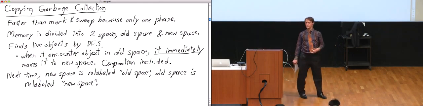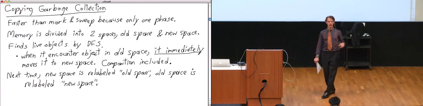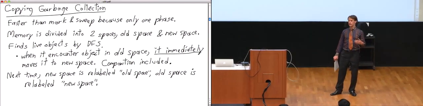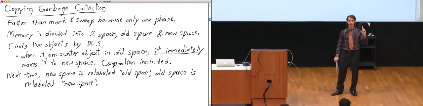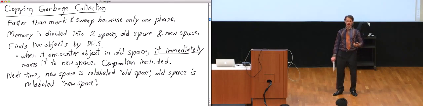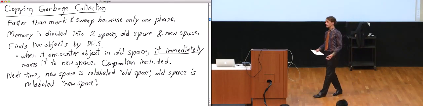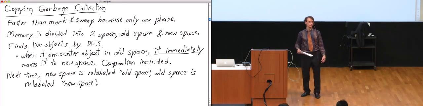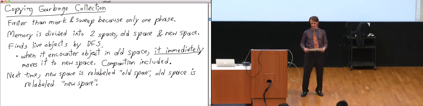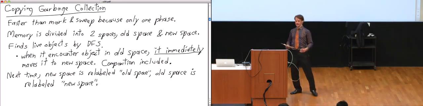While your program is actually running, meaning between garbage collections, all of the objects are in one of the two spaces, which means the other space lies empty, it's kind of being wasted. So there is a big disadvantage here, which is you only can use half your memory, but it's definitely fast.